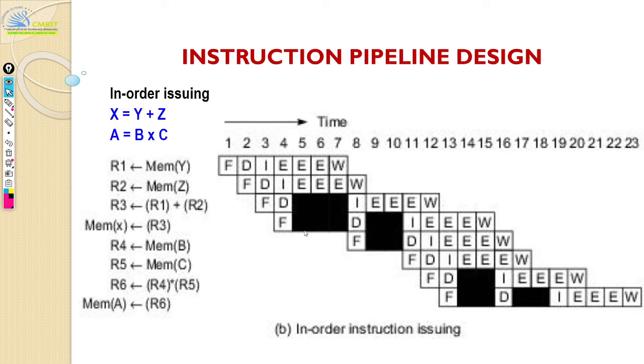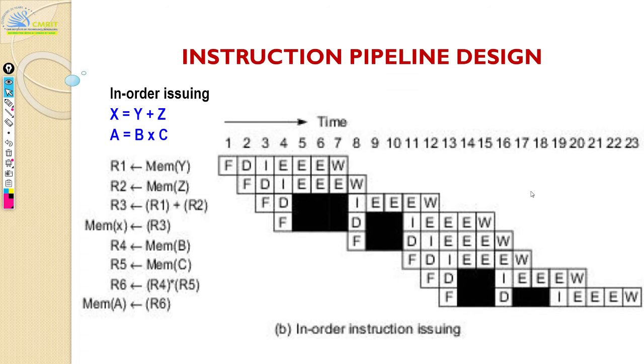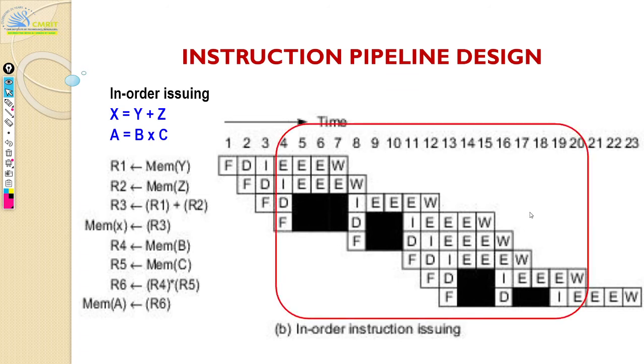Okay, now if you calculate, you're going to have these many stalls, all these blanks are the stall cycles. Now if you calculate the effective clock cycles, you're going to consume this much time. You'll calculate the time from 4 to 20 here, because you just want to avoid the pipeline filling time and the draining time.